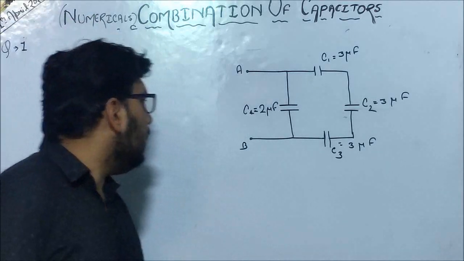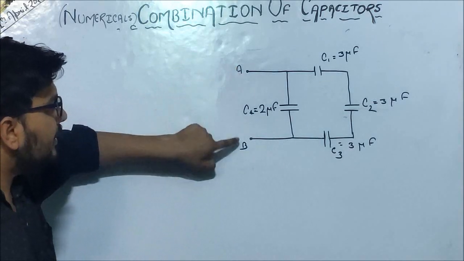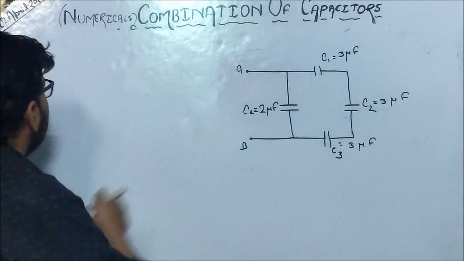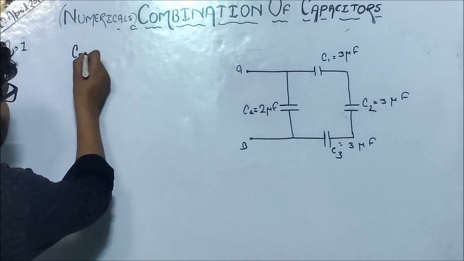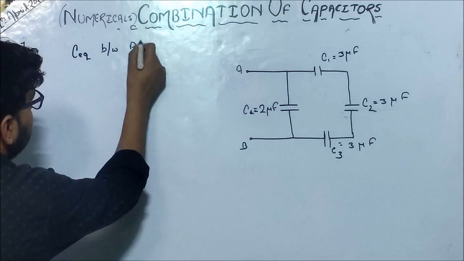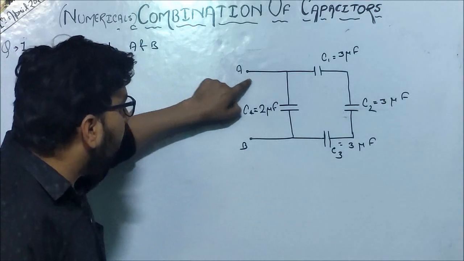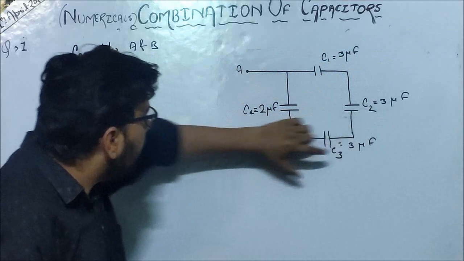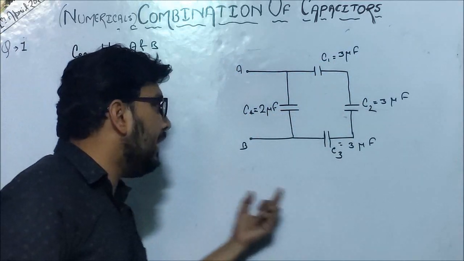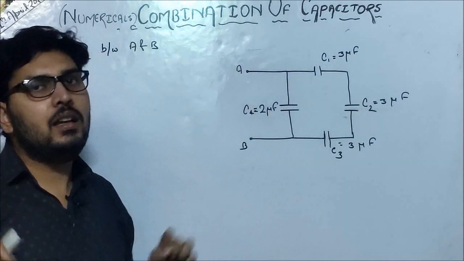So the method is: this is point A, this is point B. You are going to calculate C equivalent, meaning equivalent capacitance, between A and B. That means charge is flowing from A, and after flowing through the entire circuit it reaches B. Or it is flowing from B and goes to A. You can take either situation, your answer will be correct.